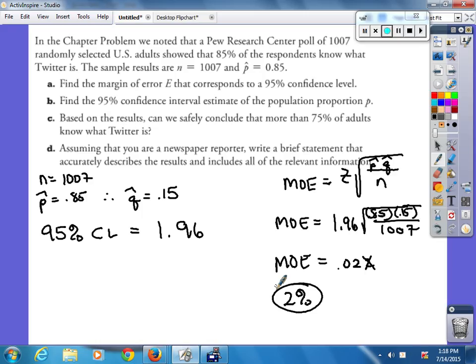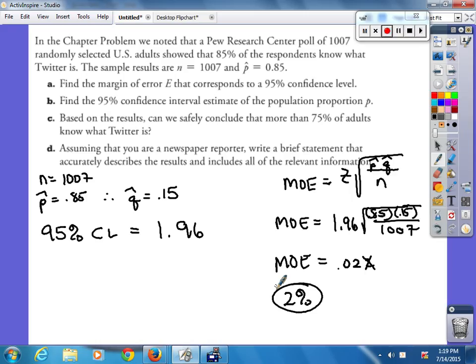Okay? Now, what's coming up in 2016 if it ever gets here? Why am I bringing up the election with margin of error? Because you're going to see poll after poll after poll. And what if you see a poll that says 51% vote for Hillary Clinton and 50% vote for Donald Trump, and there is a 2% margin of error?